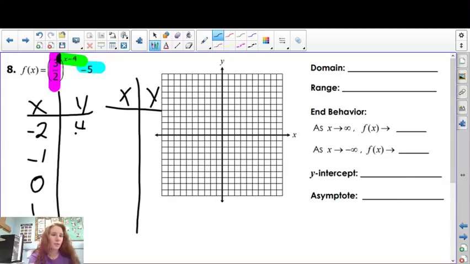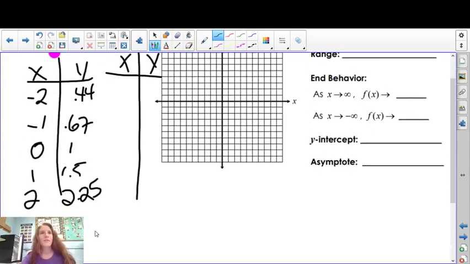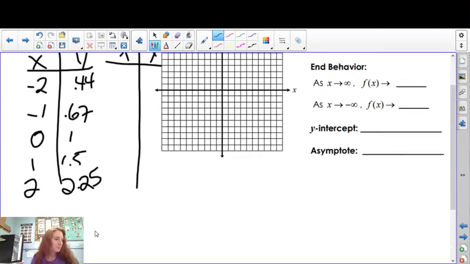So 0.44, 0.67, anything to the 0 is 1, 1.5, and I believe the next one should be 2.25. I know my face is kind of in the way, so there we go.